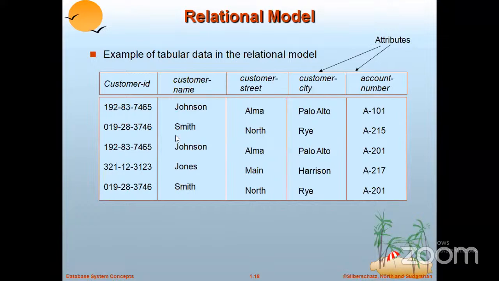This is called the logical structure of a customer. Forget about the data present in the table; the structure is customer ID, customer name, customer street, city, account number. Is it clear? The overall structure of a database is known as a schema.